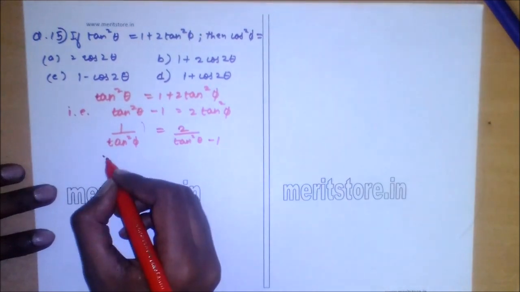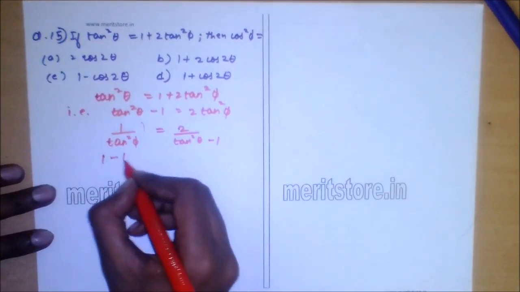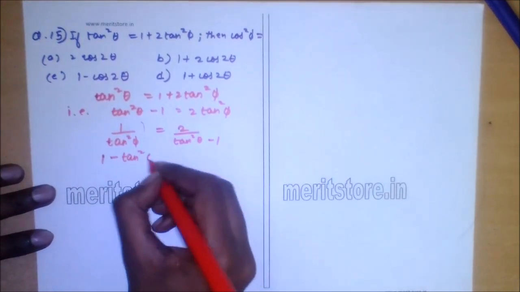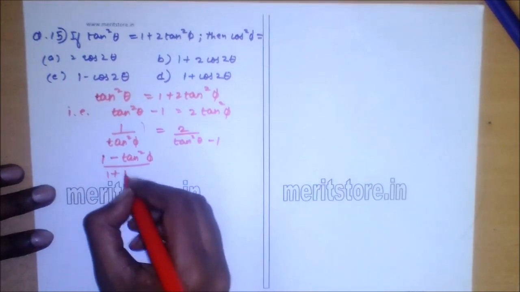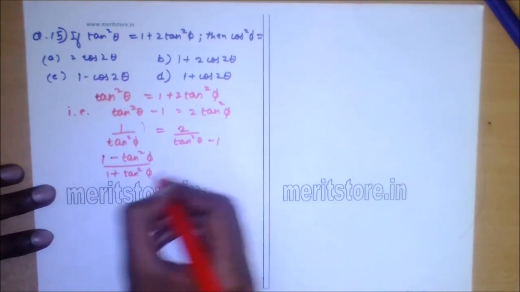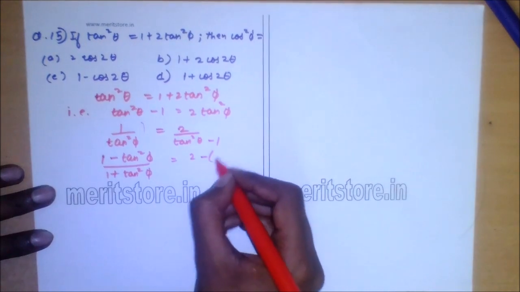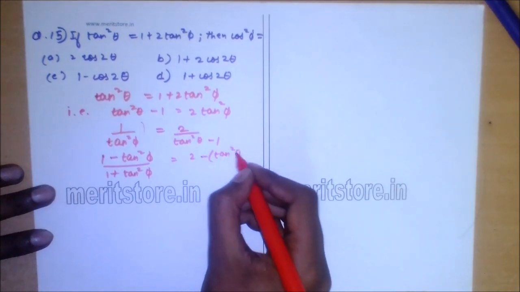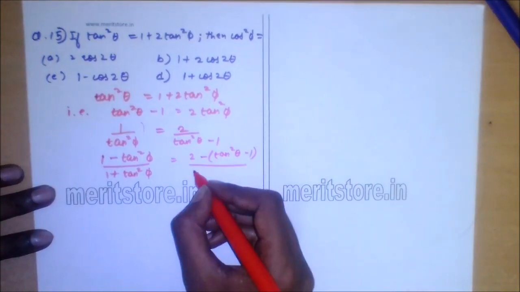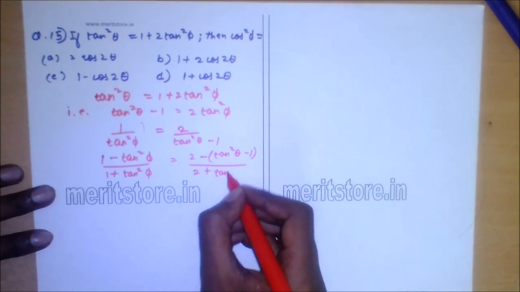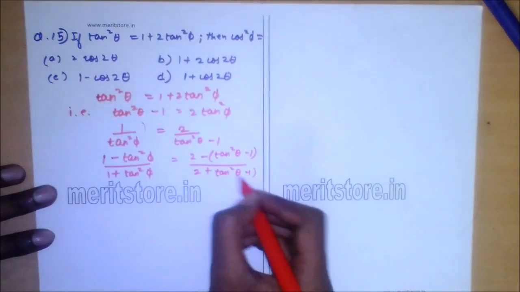So by applying componendo dividendo rule, we get 1 minus tan square phi upon 1 plus tan square phi equals 2 minus (tan square theta minus 1) upon 2 plus (tan square theta minus 1).